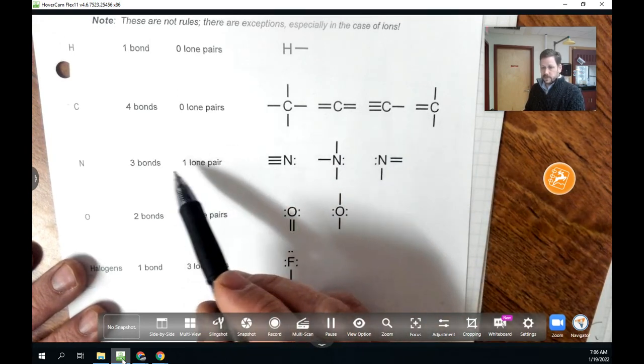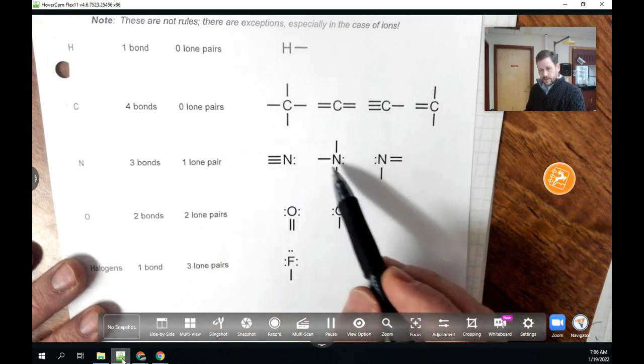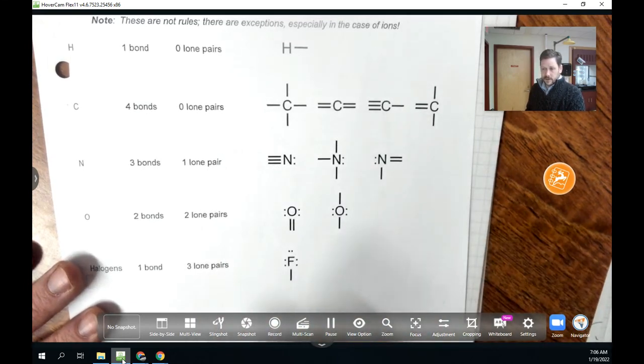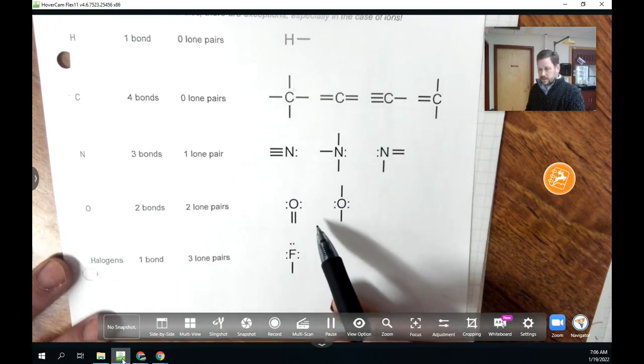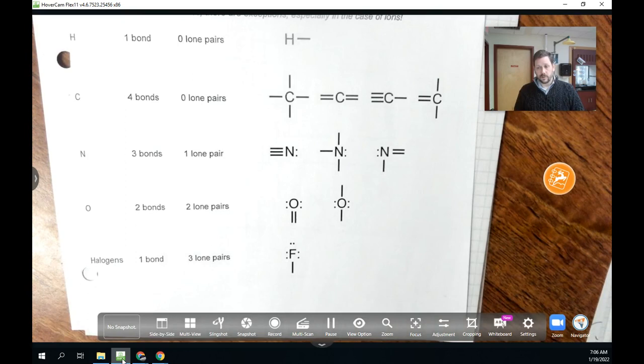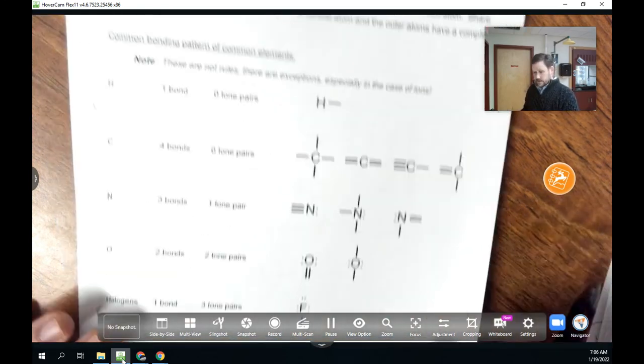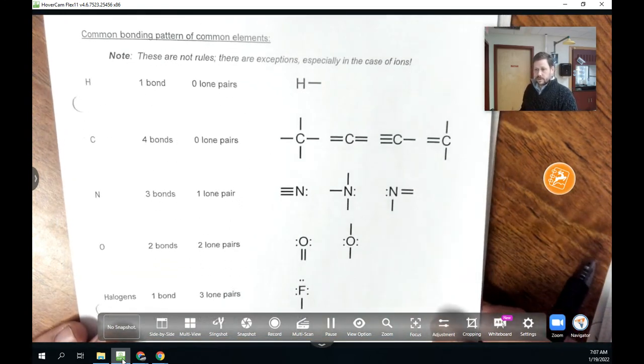Nitrogen, typically 3 bonds and 1 lone pair. It could be a triple bond and a lone pair, 3 singles and a lone pair, and so on. Oxygen, typically 2 bonds and 2 lone pairs, and halogens, like fluorine and chlorine and iodine, those typically form 1 bond and have 3 lone pairs. So keep these common bonding patterns in mind as you're doing Lewis dot structures.